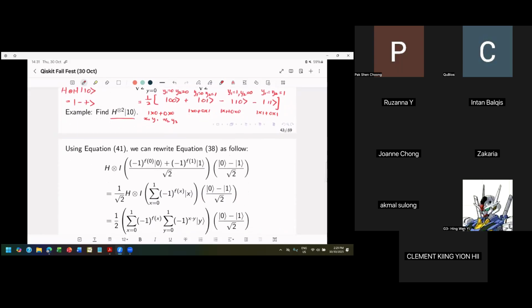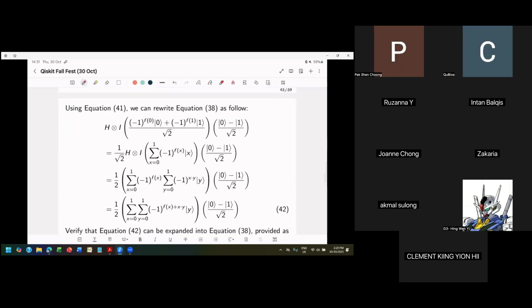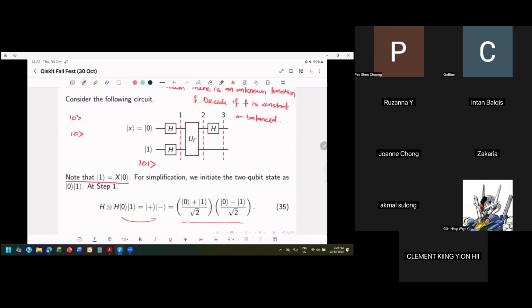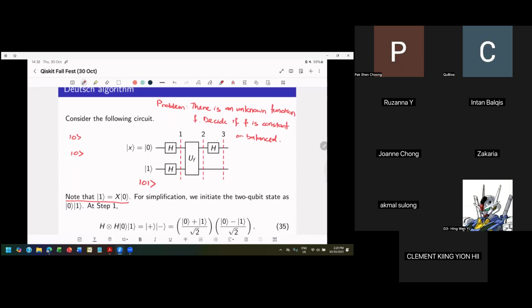Okay, essentially, remember that the last part you have the Hadamard gate over here.